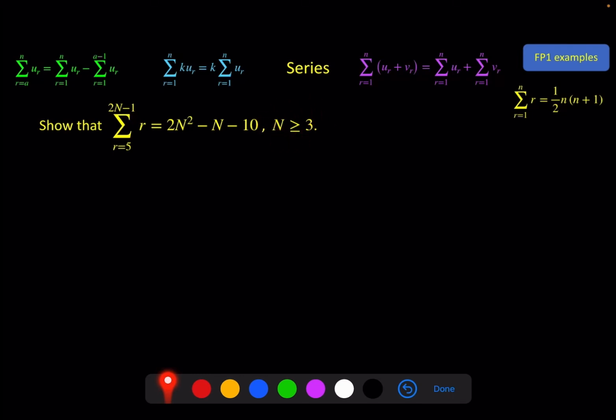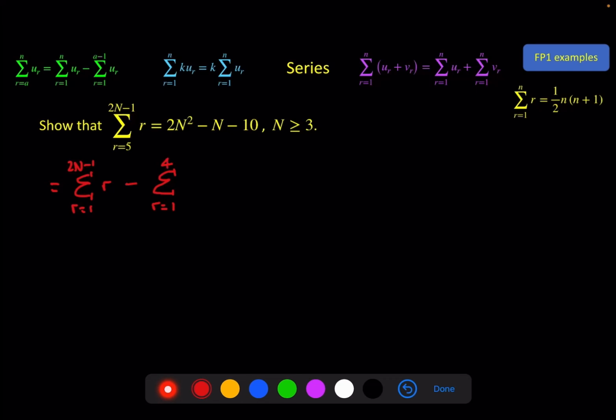So what I'm going to do is just put in the formula for this sum, and we're going to use this first of all, because we're not starting at 1, we're starting at 5. So this needs to be the sum from r is equal to 1 up to 2n minus 1 of r, minus the sum from r is equal to 1 up to 4.